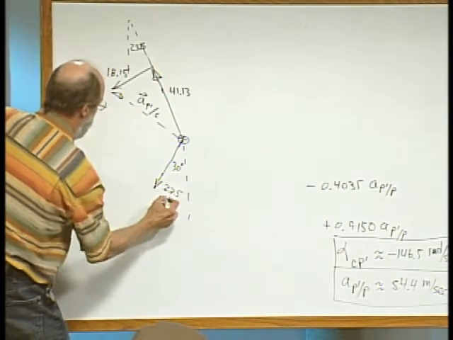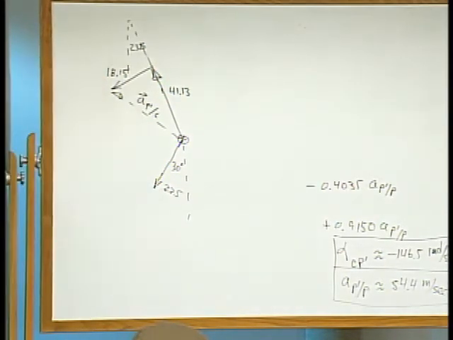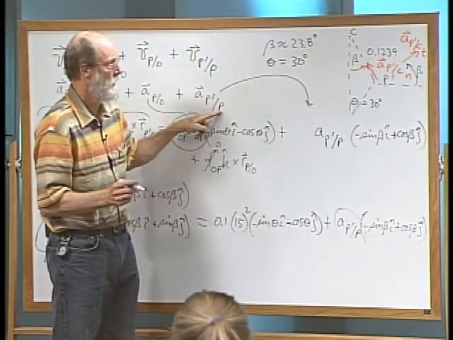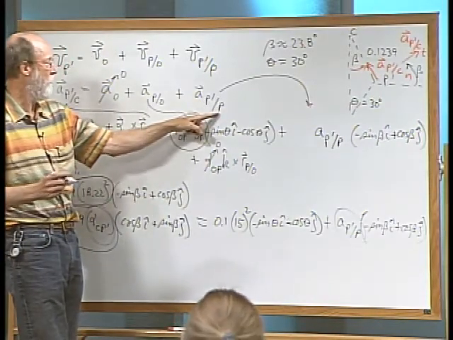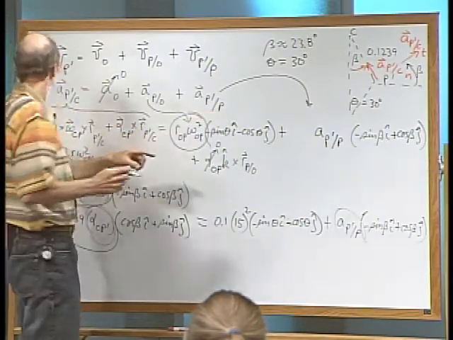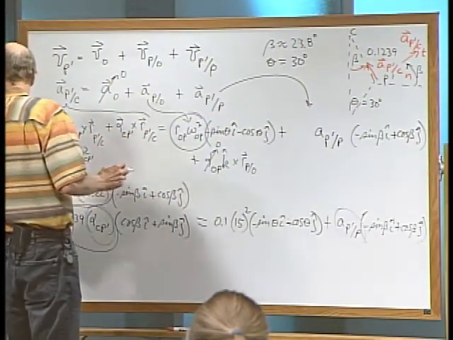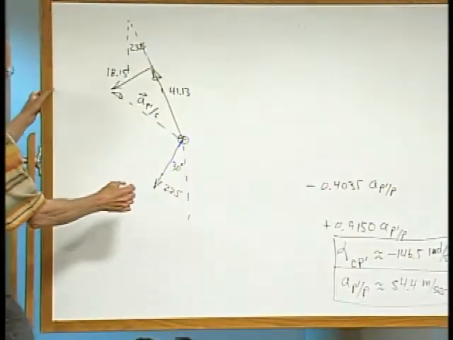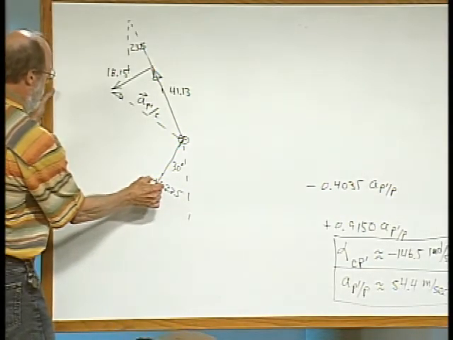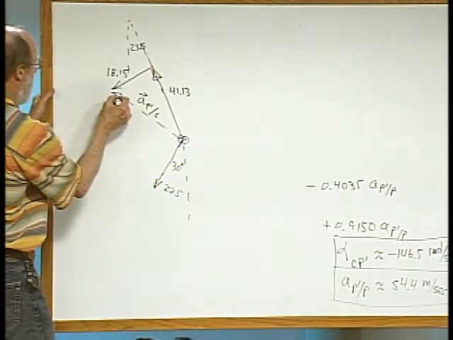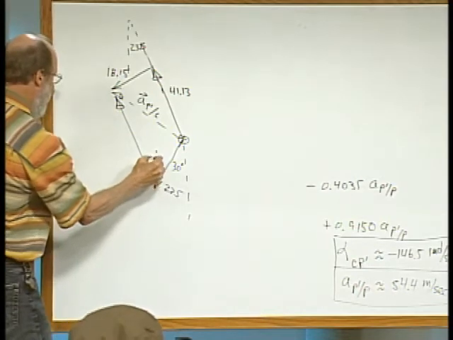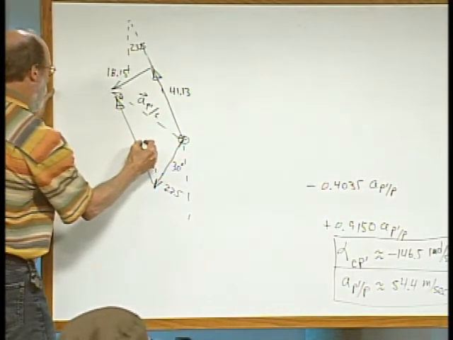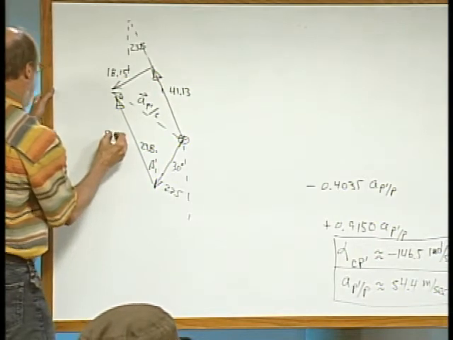Okay, and then this guy, acceleration of P prime relative to P, the last term here, has to be pointing back up here with magnitude 54.4 at angle beta, 23.8 degrees, and that should be a 54.4.